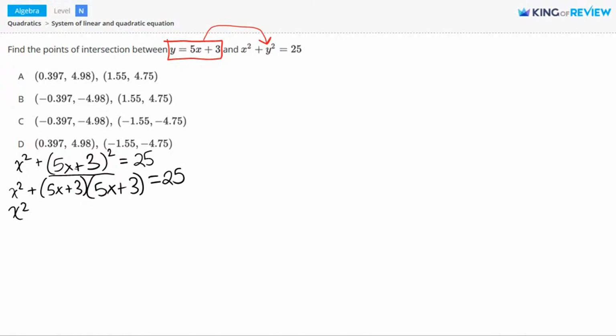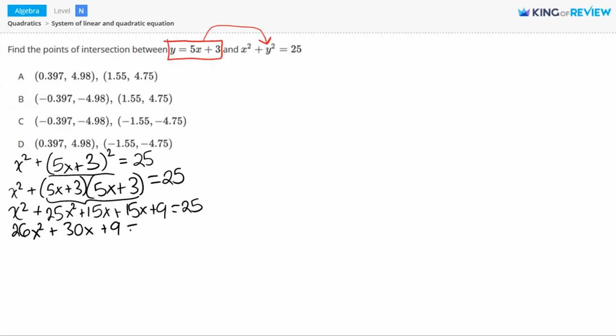We have x squared plus, and I'll use FOIL to multiply this out, 25x squared plus 15x plus 15x plus 9 equals 25. Now let's combine like terms: 26x squared plus 30x plus 9 equals 25.